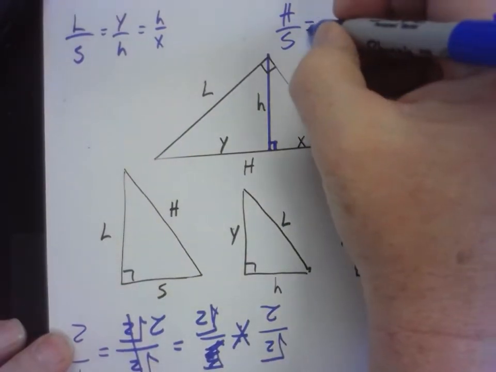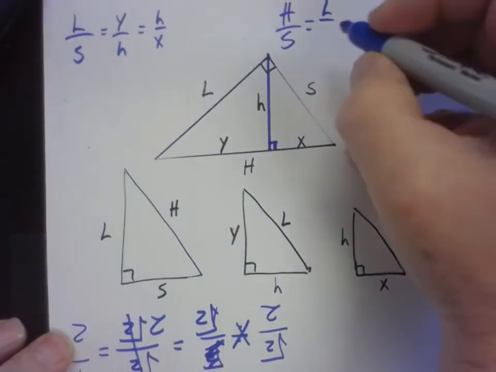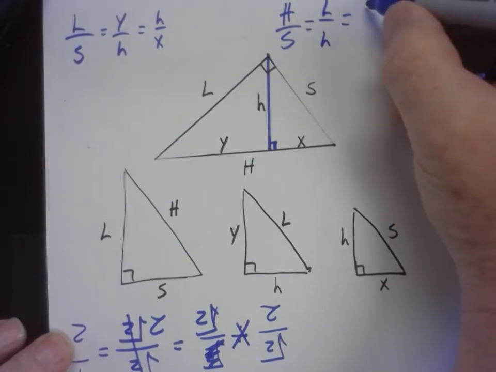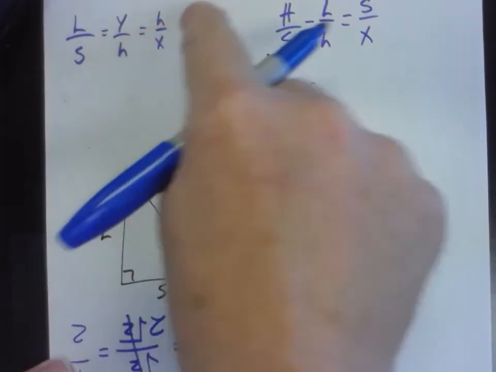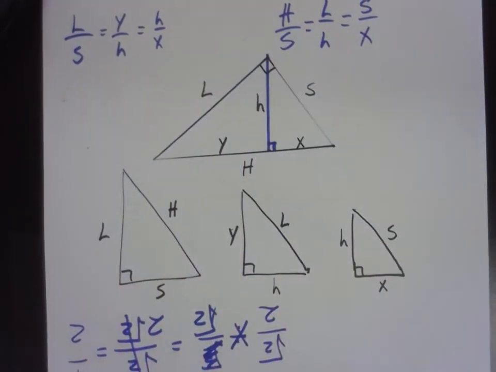What does it equal? L over little h and... Come on, you can do it. Okay. So we have all these relationships. So, how can we use them? How can we best use them here? I'll give you one to think about now.